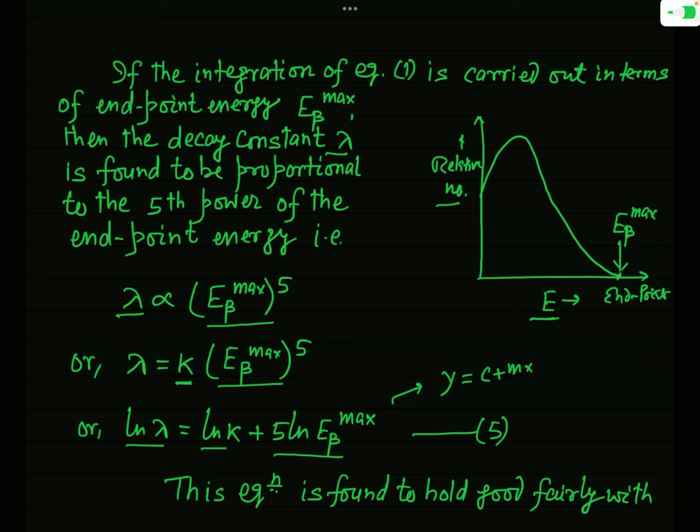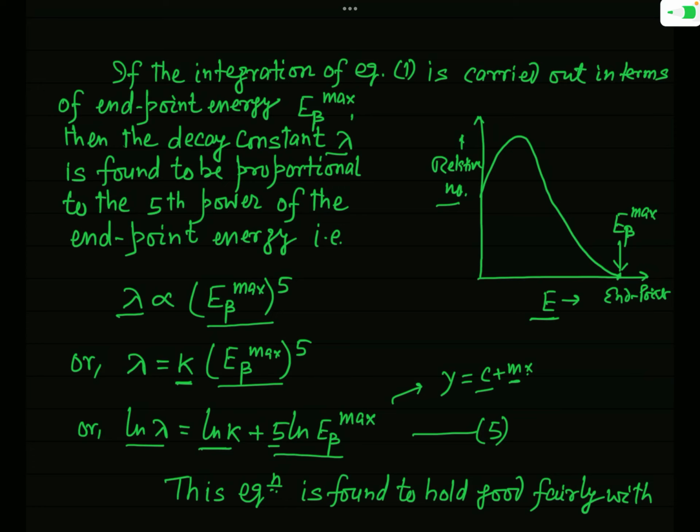Here the constant c, which is the intercept on the y-axis, is ln k, and m is the slope, which is 5, and in place of x there is ln E beta max.